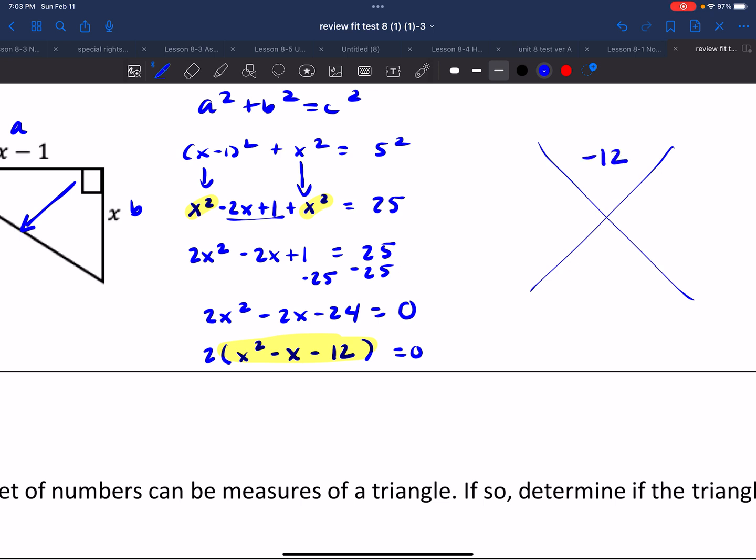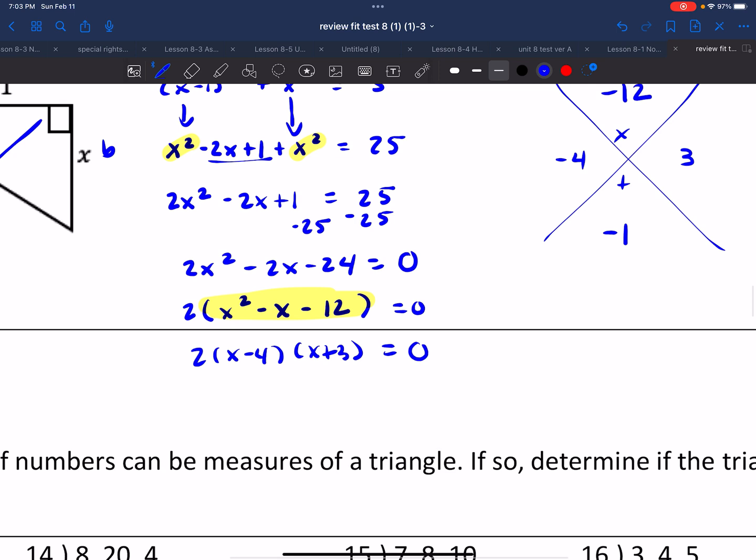Negative 12 and then negative 1. Think of the two numbers that multiply and add. I'm thinking negative 4 and 3. So 2 times x minus 4 times x plus 3 equal that to 0. So x is equal to 4. x is equal to negative 3.